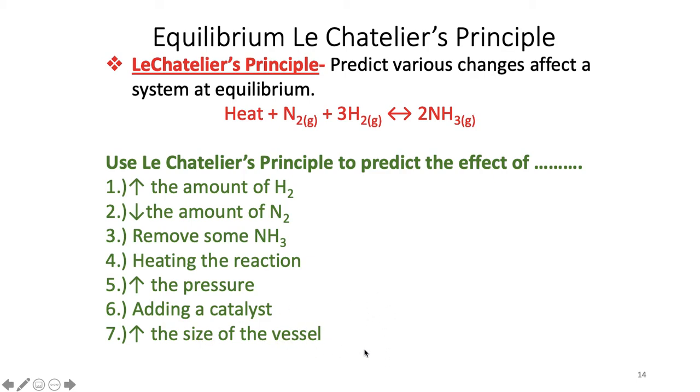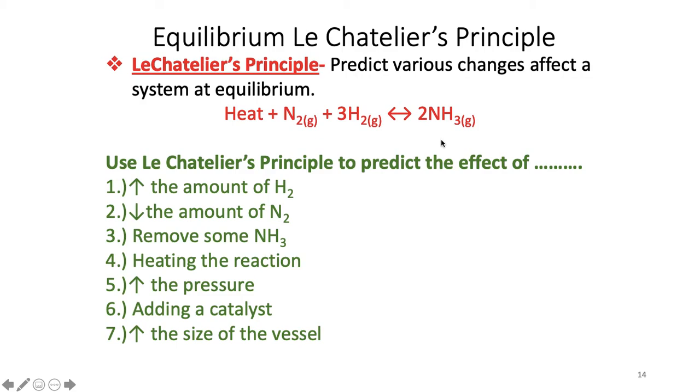Here I increased the pressure, it shifted towards the products. Here I'm increasing the volume, which means I'm decreasing the pressure. The equilibrium is going to shift in such a way as to increase the pressure.